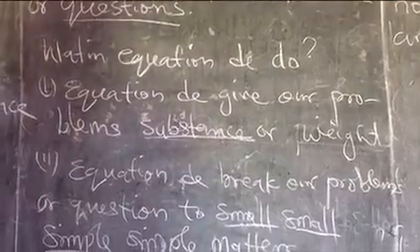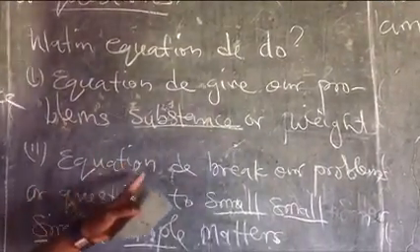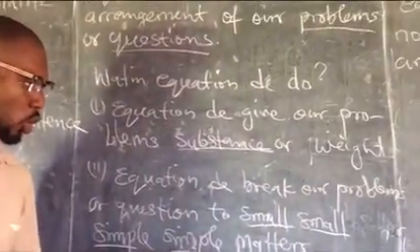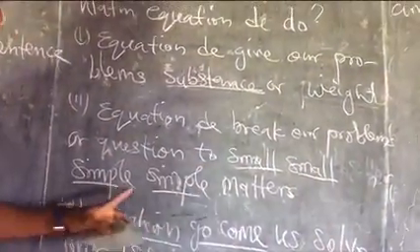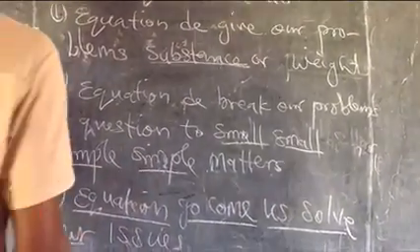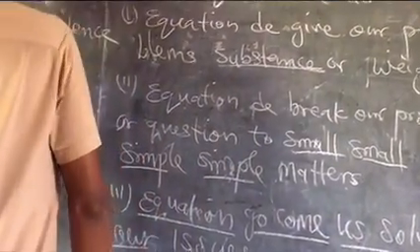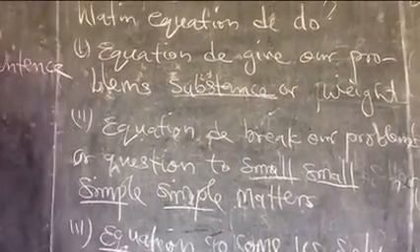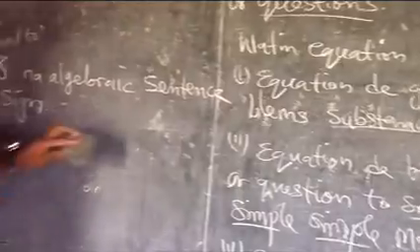Another thing wey equation dey do be say e dey break our problems or question to small simple matter. I will explain this one with example. Example: if you give me 1,000 when I dey school, they give me 1,000 say make I take buy my school material.